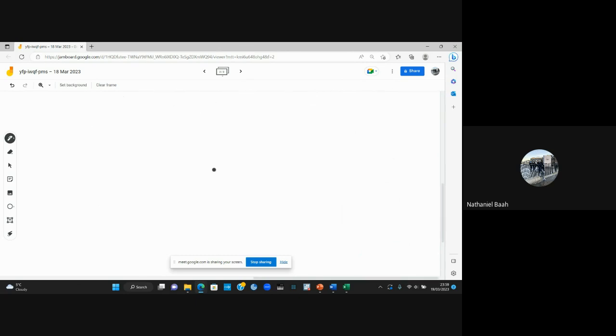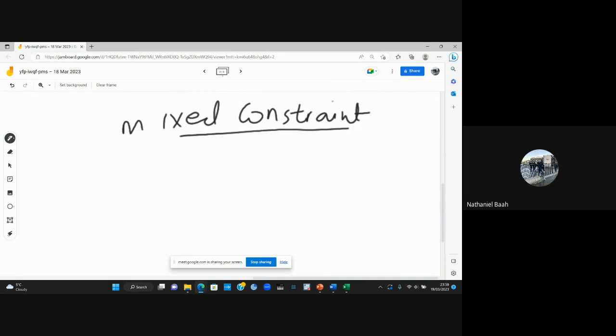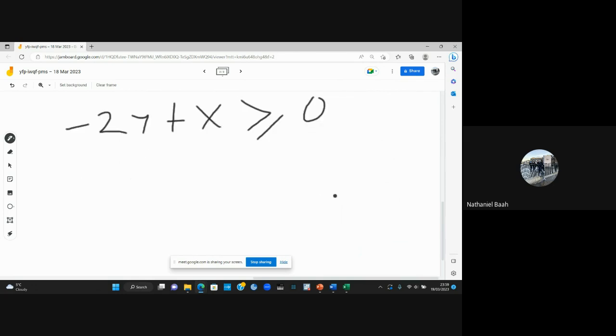Then we had our mixed constraint, and that was minus y plus x will be greater than or equal to 0. And lastly, our non-negativity constraint, that was x, comma y, to be greater than or equal to 0.